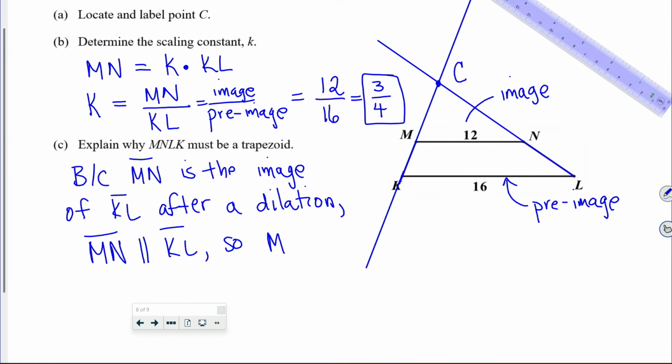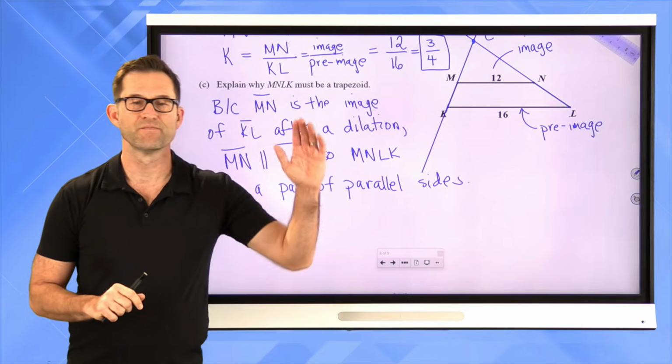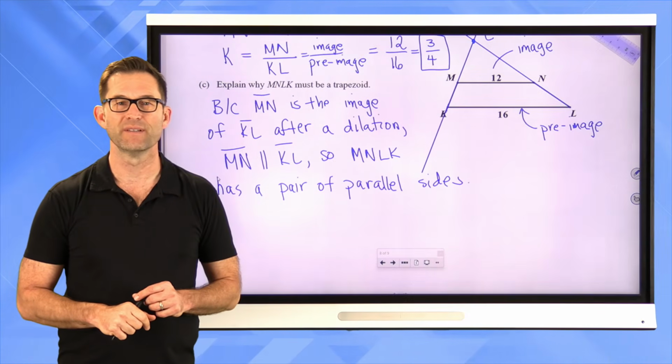So MNLK has a pair of parallel sides. And the definition of a trapezoid is that it's got at least one pair of parallel sides, so that thing has to be a trapezoid.